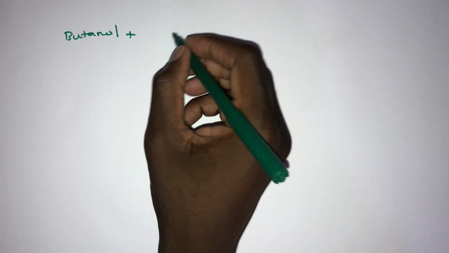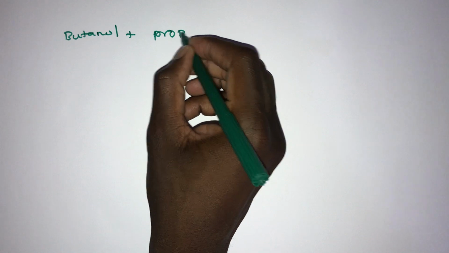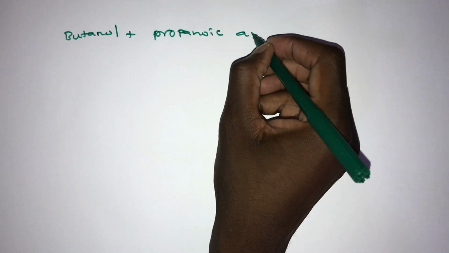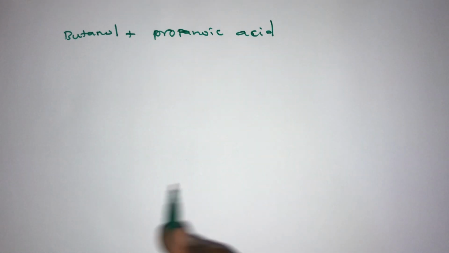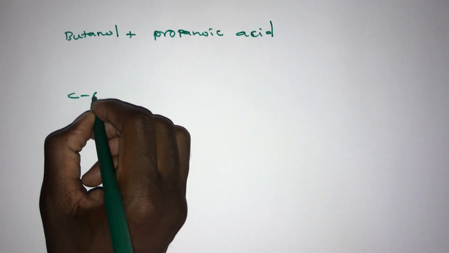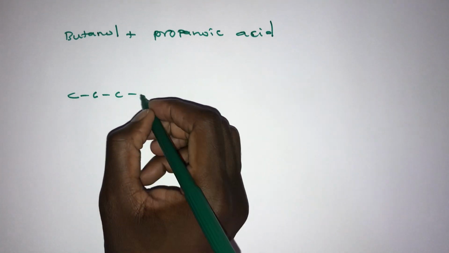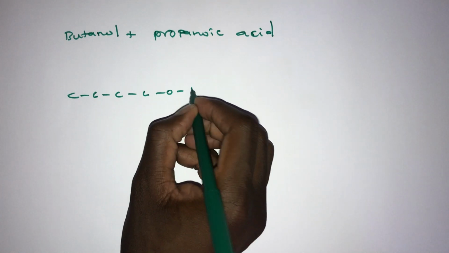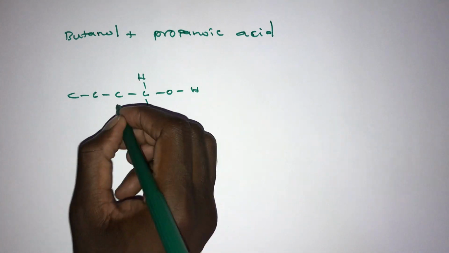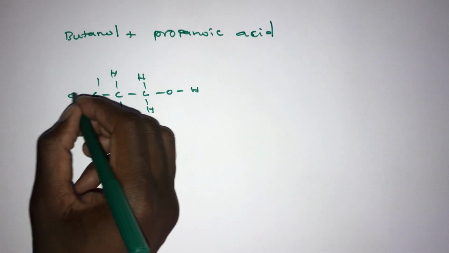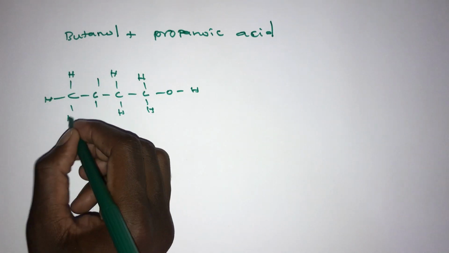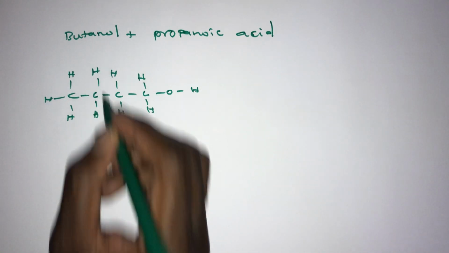Since we must use the structural formula to write down the balanced equation, let's start. Butanol plus propanoic acid. The structure for butanol we already know, so I just want to bring it here. Make sure we show all the bonds and all the hydrogen atoms.